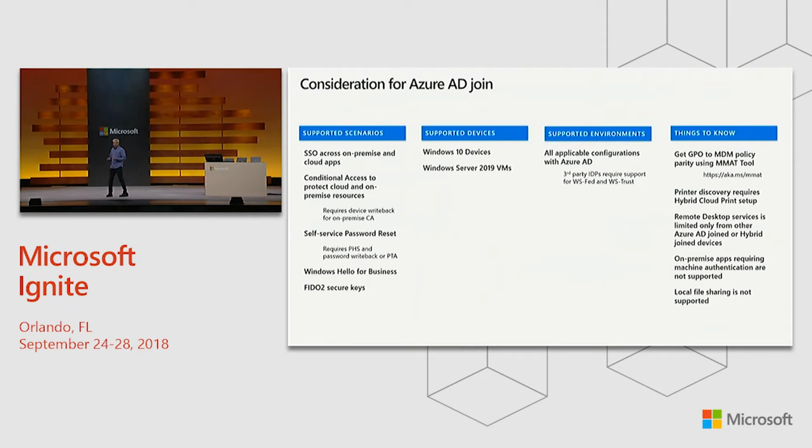So we have a tool for that called the MDM Migration Analysis Tool. There's a link in the deck, but you can go to that tool and run an evaluation in your environment for all the GPOs that you care about to see if there's corresponding MDM CSP support in our platform or not.